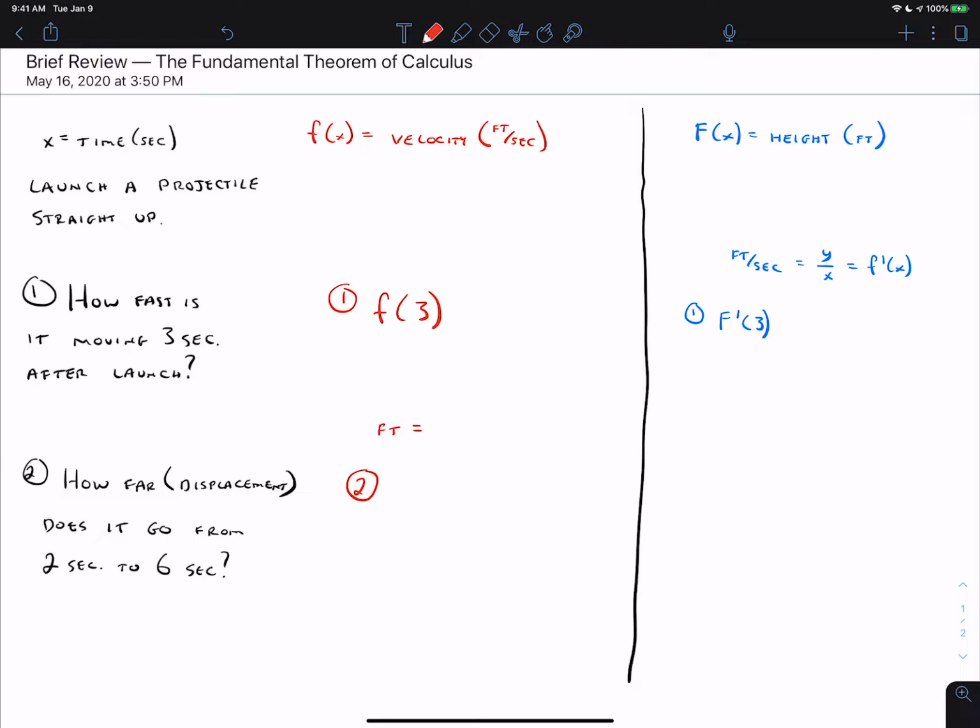Well, feet per second times seconds is y times x, which in the last video we talked about being the integral. So in this case, we would want to calculate the integral from 2 to 6 of f of x dx.